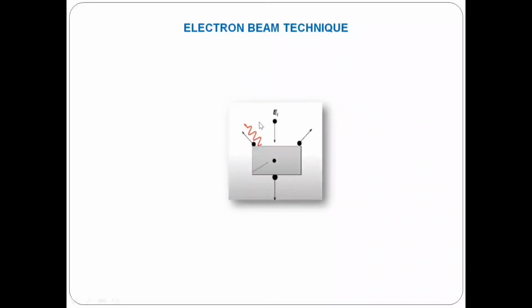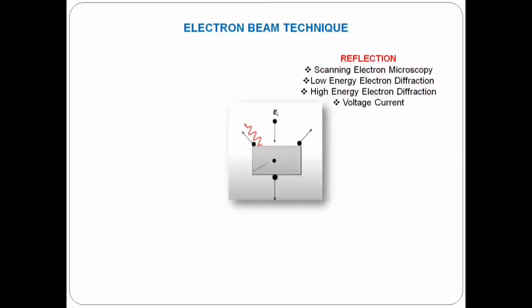When an electron beam is targeted at the material sample, there are many possibilities, and each possibility gives rise to one of the characterization techniques: reflection, transmission, absorption and emission. Reflection is characterized by scanning electron microscopy, low energy electron diffraction, high energy electron diffraction and voltage current.